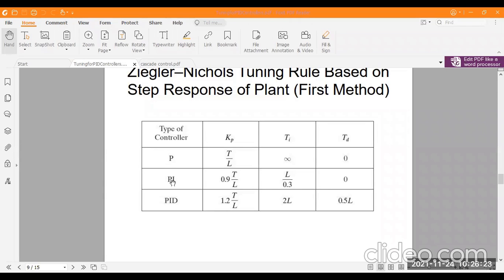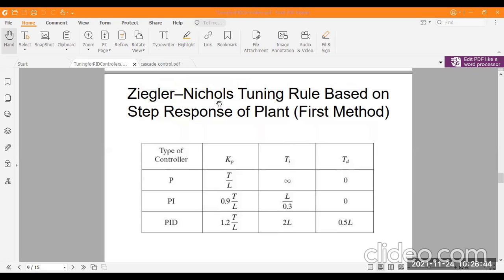When you use a proportional integral controller part, it has a constant term 0.9. In your syllabus, mathematical examples are not coming; you only have to know the method, that is Ziegler-Nichols, and the uses of this Ziegler-Nichols tuning method.